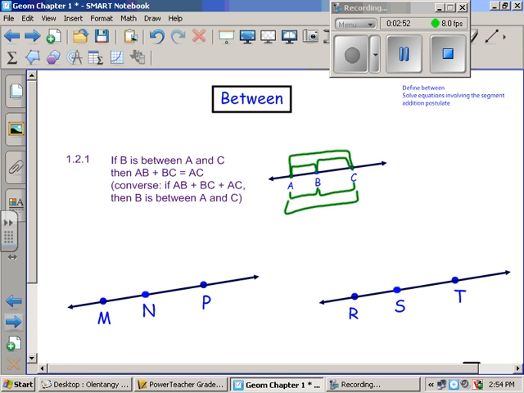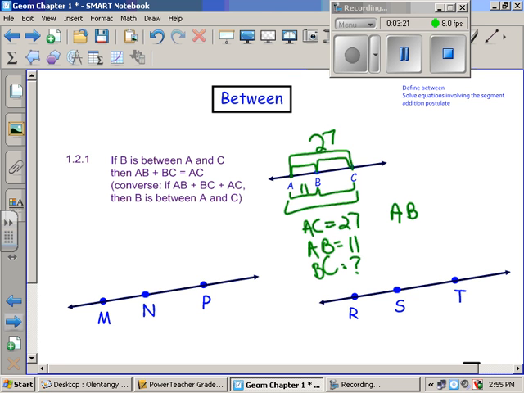All right. So let's put numbers to that. Let's say I told you that AC was 27 and AB was 11. What is BC? Well, if AC, the whole thing, is 27, and just the AB part is 11, what would BC be?